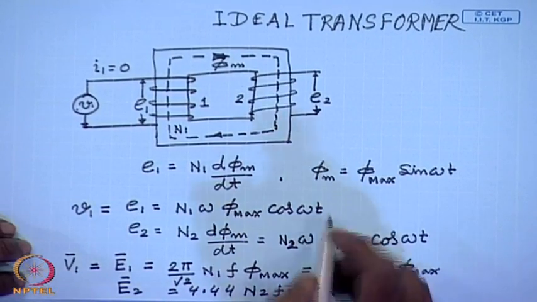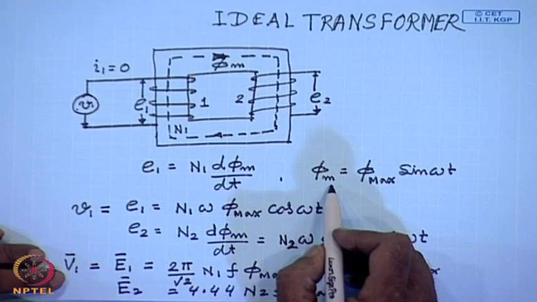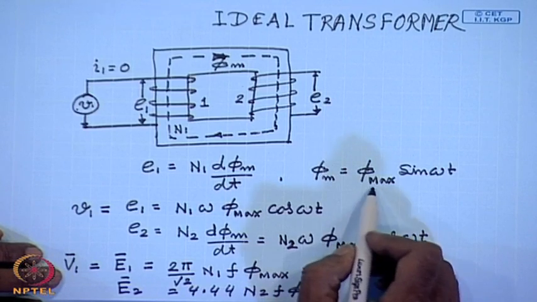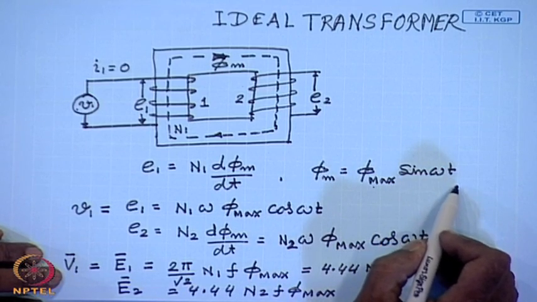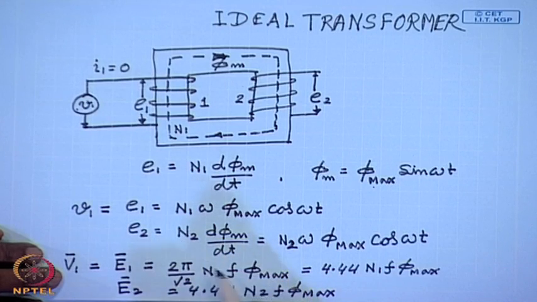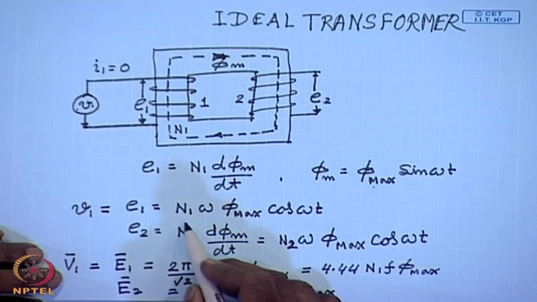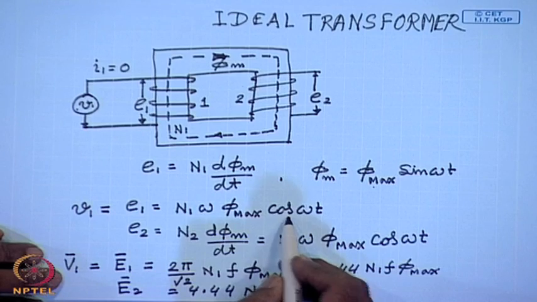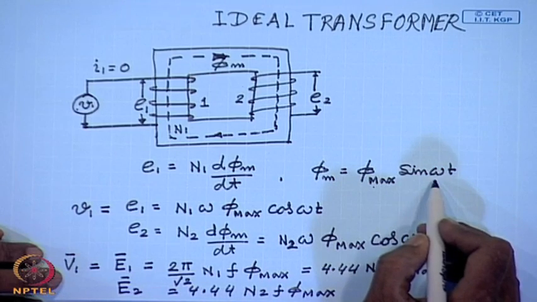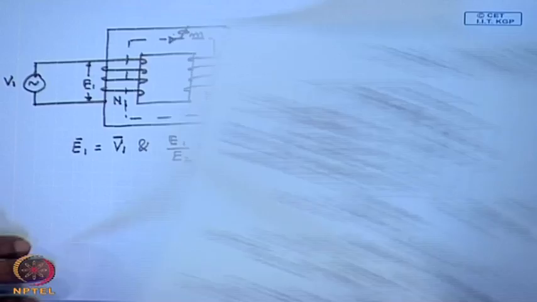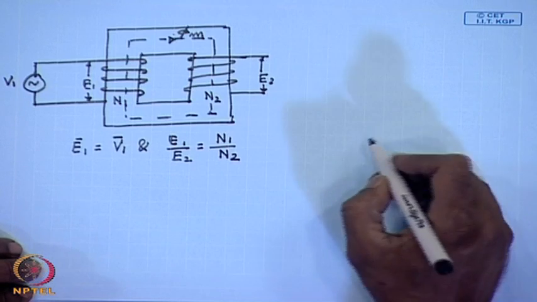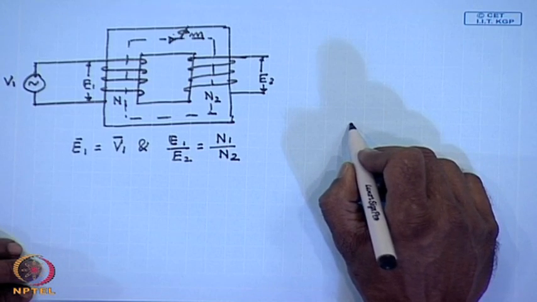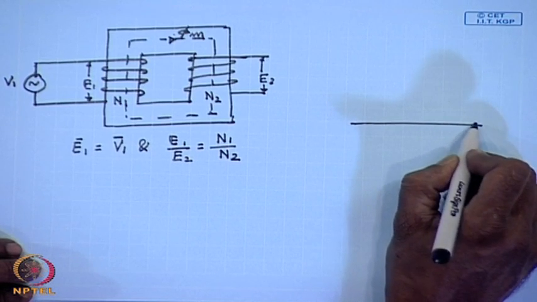In the previous calculation we have shown, if the flux waveform is given by the time function phi max sin omega t, then the induced voltage is given by the function N1 omega phi max cos omega t. Now, cos omega t leads sin omega t by an angle of 90 degrees. Therefore, we can draw the phasor diagram as follows, taking the flux to be the reference phasor.